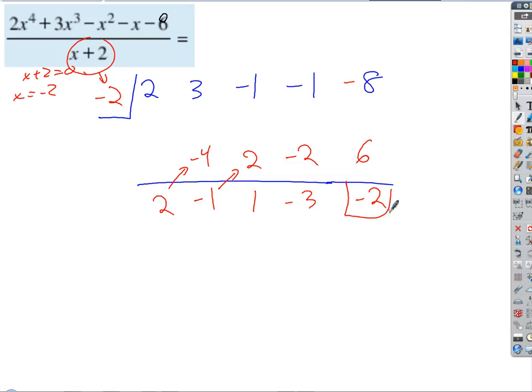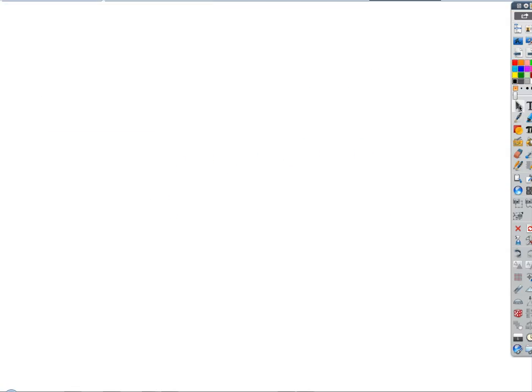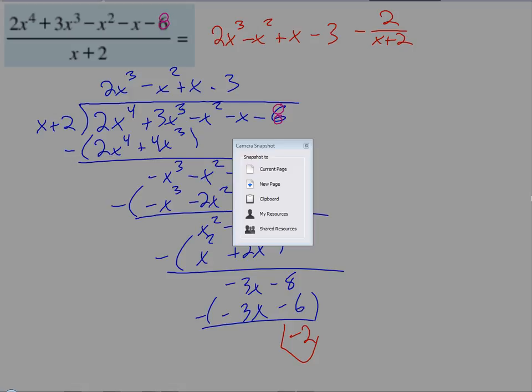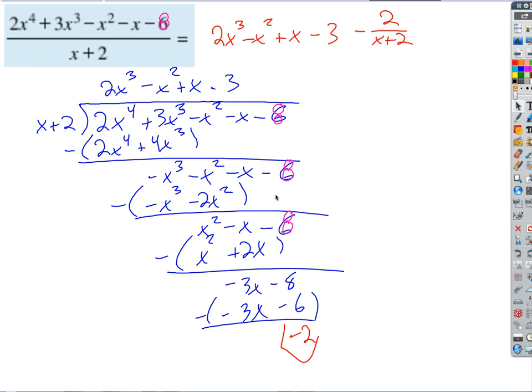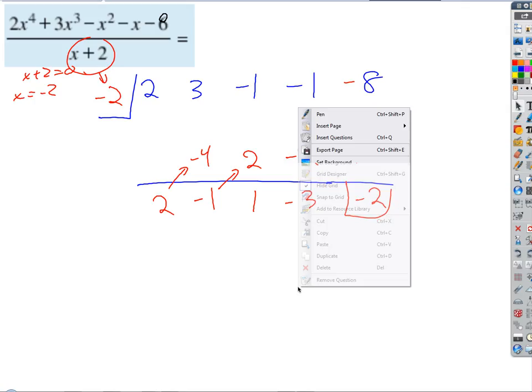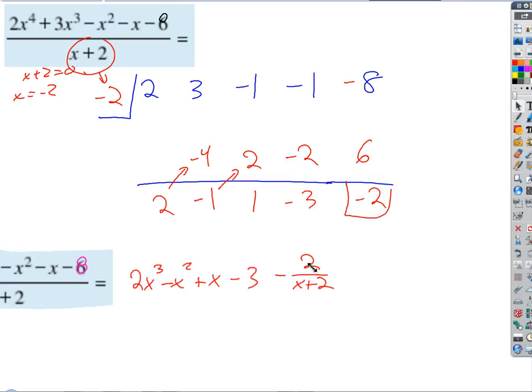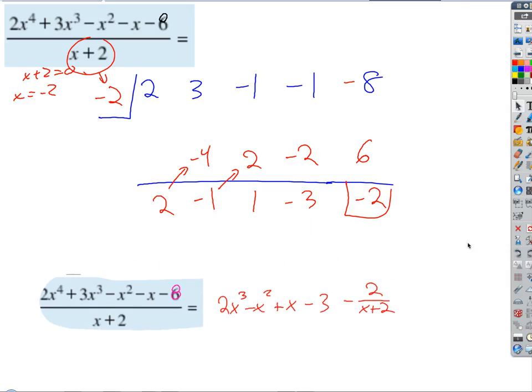Okay. I want to see, you tell me. Do you see those numbers showing up anywhere?